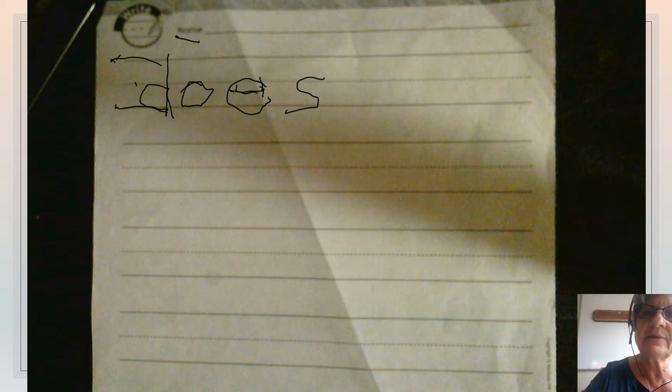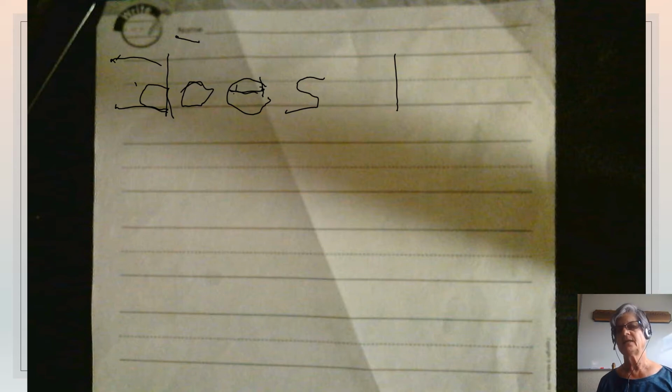First, you make a line from the top to the bottom. Oops, for some reason mine didn't work. Let's try again. There you go. Let's do it on your paper, please. Now you start in the bottom, you go up and around and in. That's lowercase d.